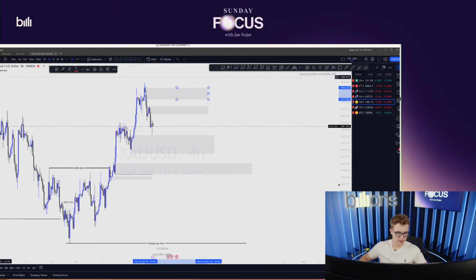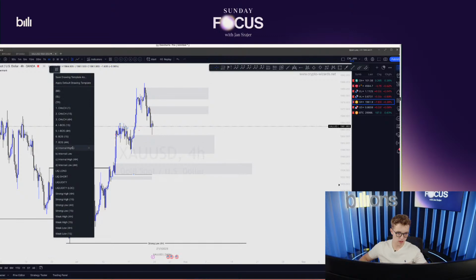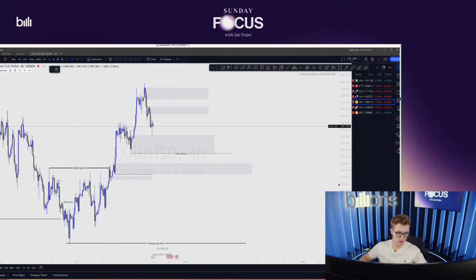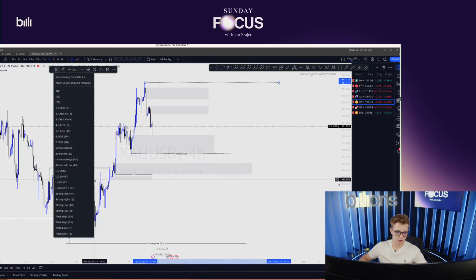There still remains a strong low here. I would class this as an internal low. This has got to be an internal high now.